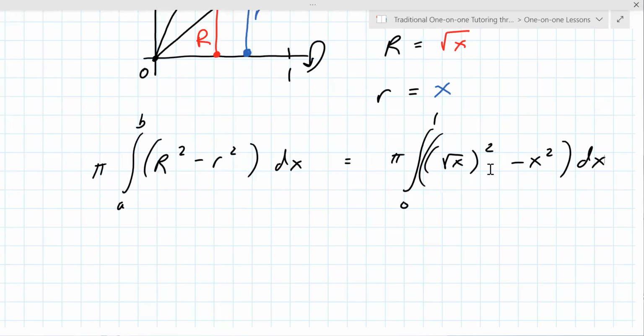I got 1/6 pi. Yeah, you keep getting that number over and over again, right? That's a common one that you might see.